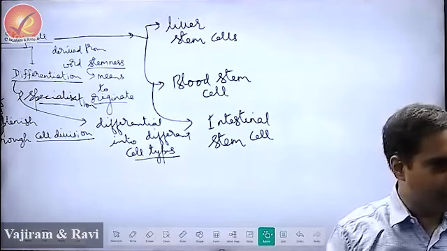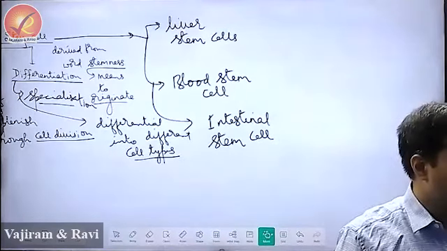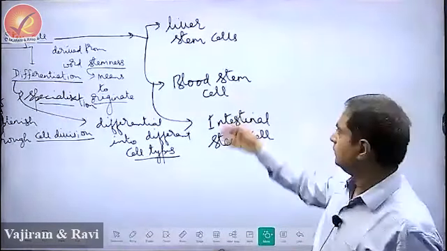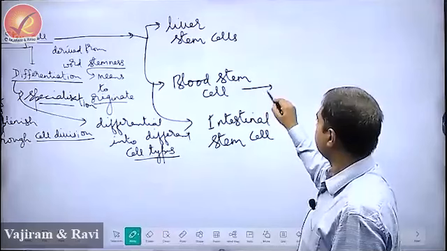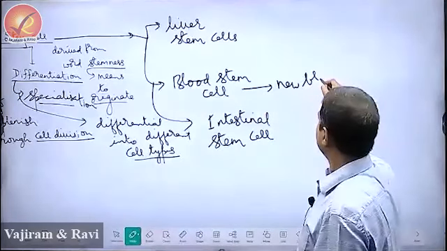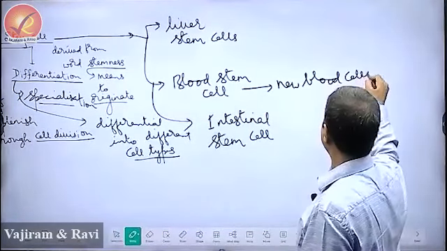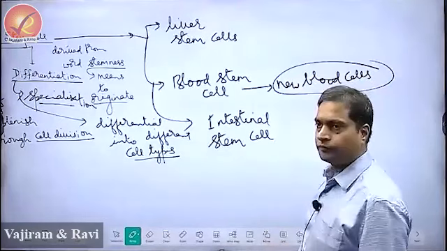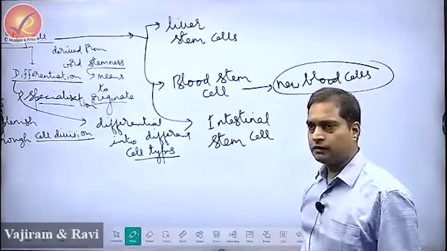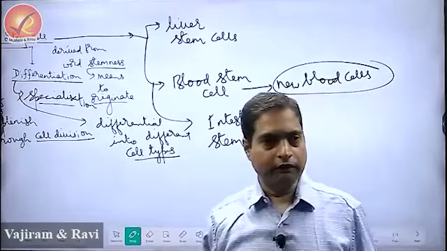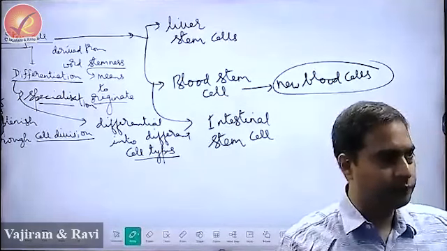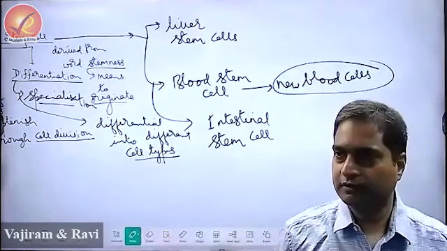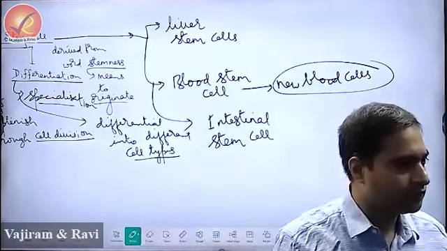So continuously throughout your life, new blood cells are produced, isn't it? New blood cells are produced, new liver cells are produced. So the liver is the youngest, it remains ever youngest. Even if you become 90 years, the liver still has the property of what?